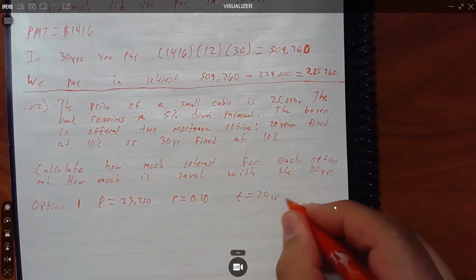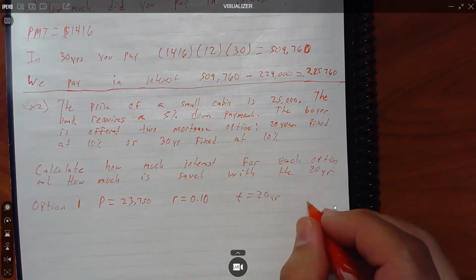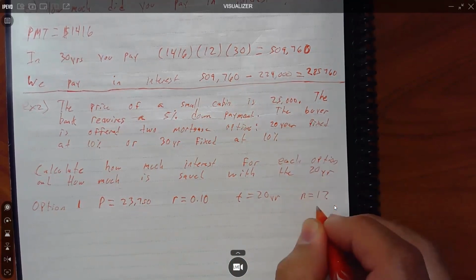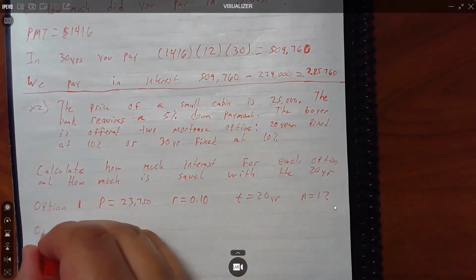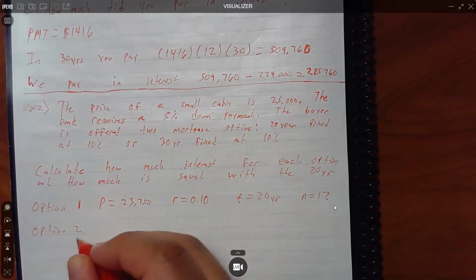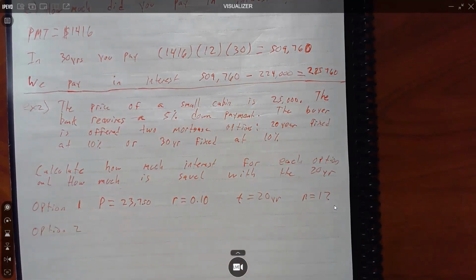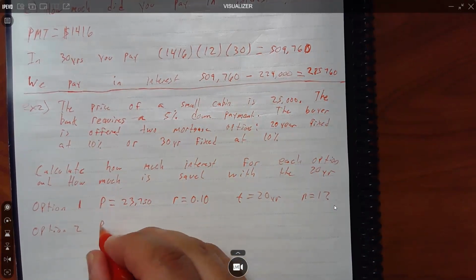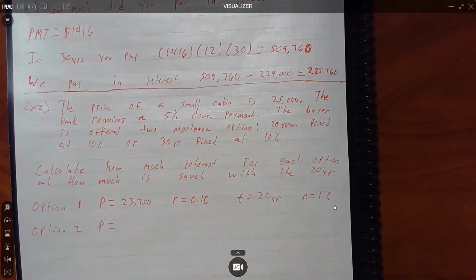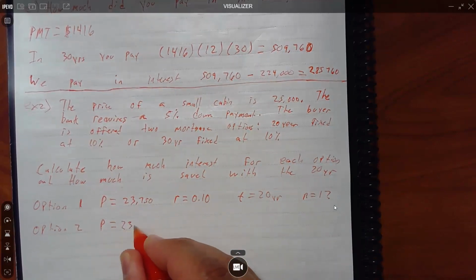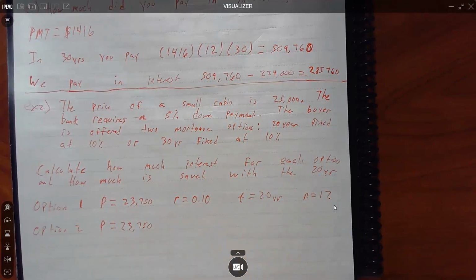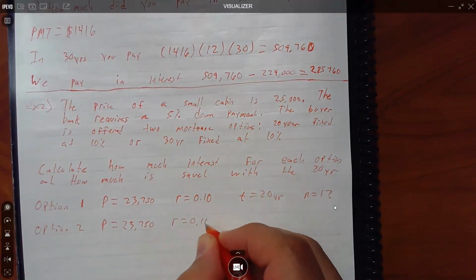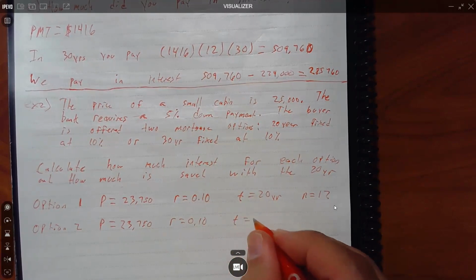N will be 12 because we're paying monthly payments. So that's option one right there. Option two, the principal will be the same, 23,750. Rate will be 0.10. The rates didn't change. The only thing that changed was the time, right?